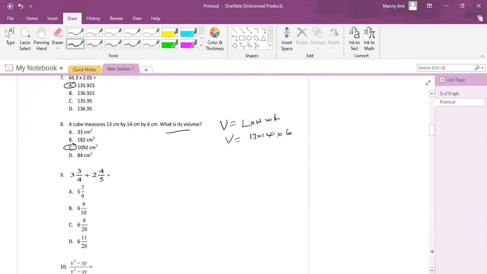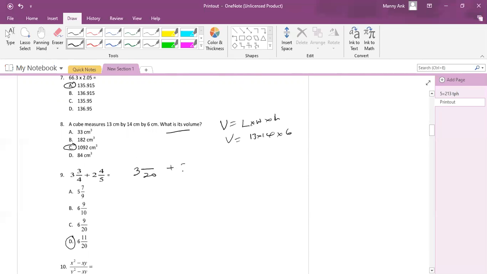Number 9, adding fractions. If you add these fractions, you should have D. Before you add fractions, remember LCD. So the LCD here will be 20.